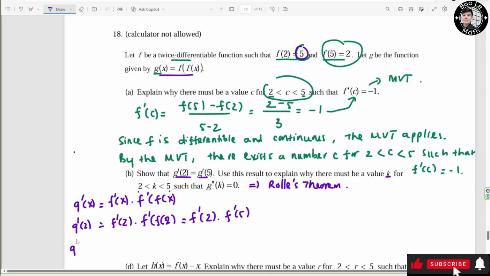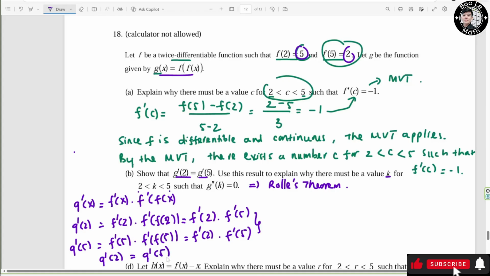Now g prime of 5 equals f prime of 5 times f prime of f of 5, and f of 5 equals 2, so we have f prime of 2 times f prime of 5. So we can conclude that g prime of 2 equals g prime of 5.